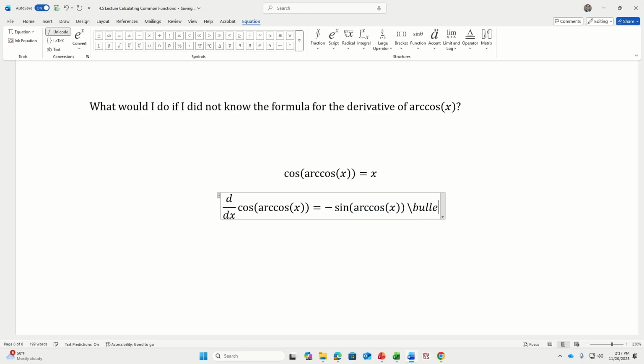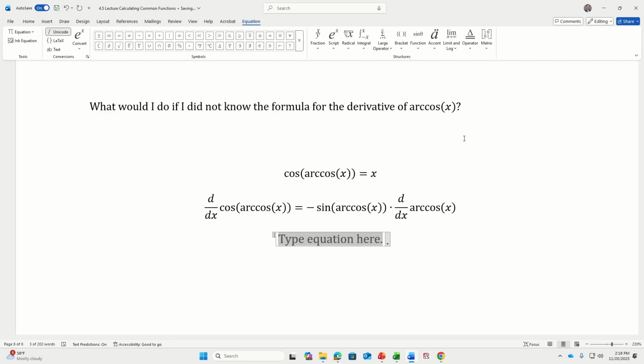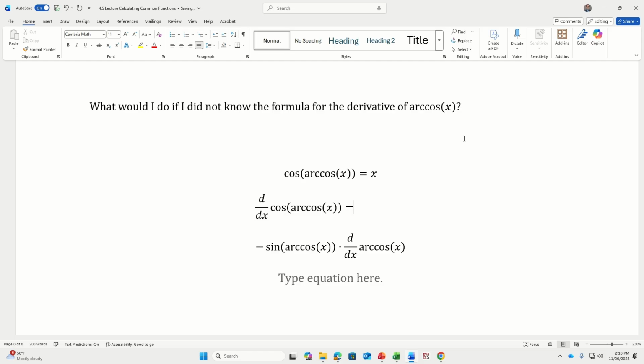And then we multiply by the derivative of arc cosine, right? So I'm taking the derivative of both sides of the equation. What's the derivative of x with respect to x? 1.